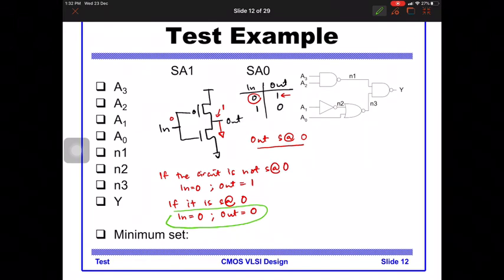So when you put in the input 0, your output is supposed to be 1, but the output malfunctions and the output is 0. So this will test the stuck at 0 fault for the output. So what is your test vector? The test vector is 0 for the input. This is known as your test vector. So let's do another one.